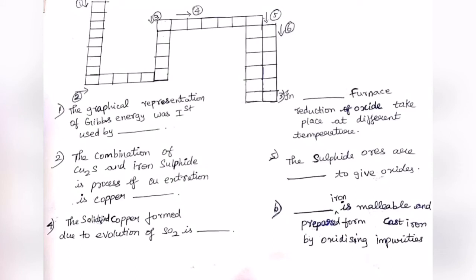Third: in the dash furnace, reduction of oxide takes place at different temperatures. Fourth: the solidified copper formed due to evolution of sulfur dioxide is dash. Fifth: the sulfide ores are dash to give oxides. Sixth: dash is malleable and prepared from cast iron by oxidizing impurities. You can write the answers in the crossword puzzle.